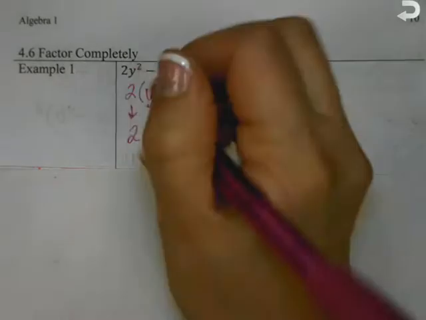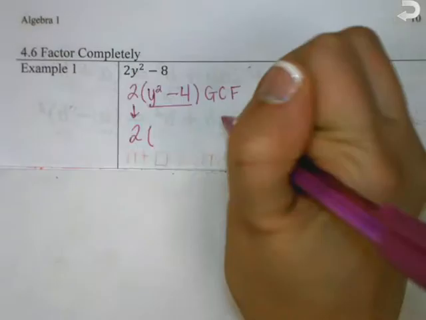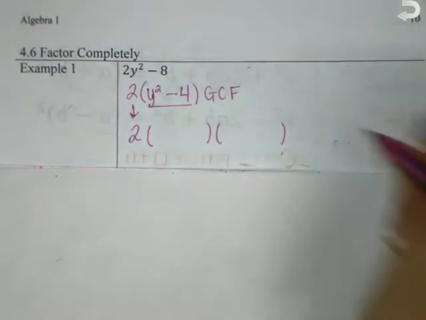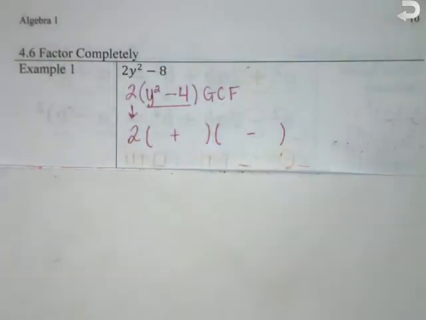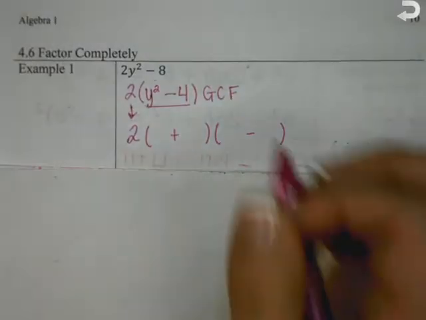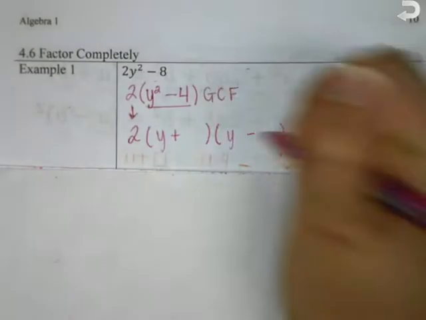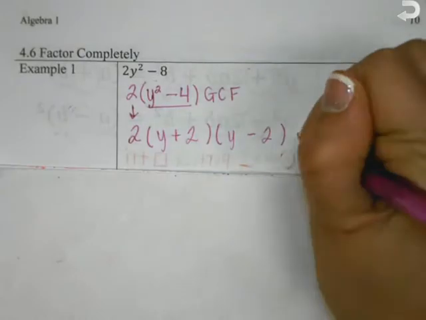And then how do I set up difference of 2 squares? There's 2 parentheses. One's a plus, one's a minus. What's the square root of y squared? y. So y and y. What's the square root of 4? 2 and 2. So that was a difference of 2 squares.